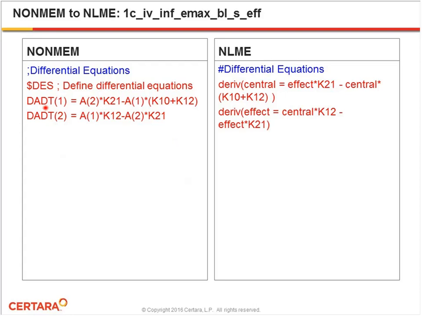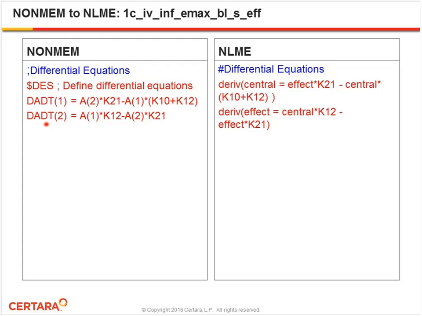So the change of amounts in the first compartment over time is given by the amount that is transferred from the second compartment through rate constant K21, minus the actual amount in the first compartment times the sum of the elimination rate constant K10 and the distribution rate constant to the second compartment K12.